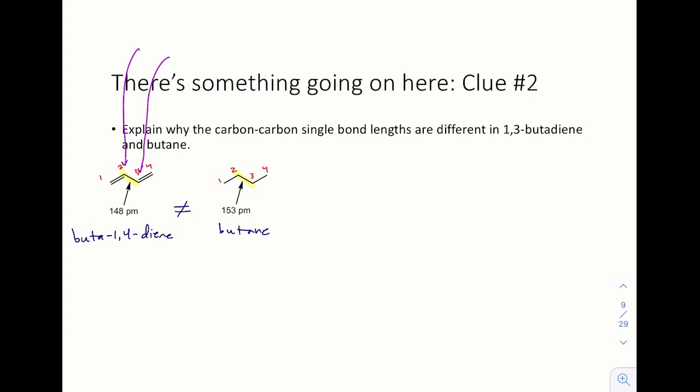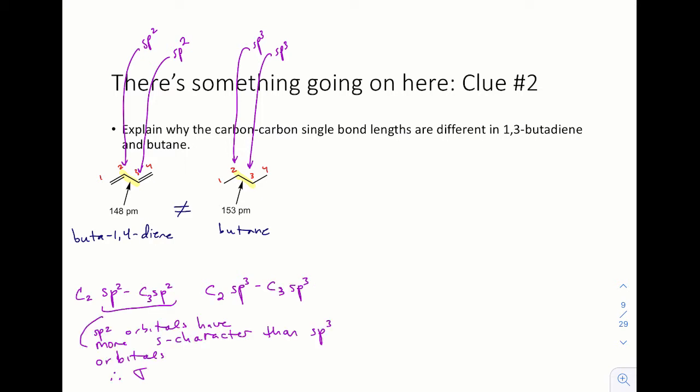Here's an answer I've heard before from students, and it is a perfectly reasonable answer based on what you currently know about bonding. Carbons 2 and 3 in buta-1,4-diene are sp2 hybridized, while carbons 2 and 3 in butane are sp3 hybridized. Thus, the carbon-carbon bond between C2 and C3 in buta-1,4-diene is between two sp2 orbitals, whereas the carbon-carbon bond in butane between C2 and C3 is between sp3 orbitals.